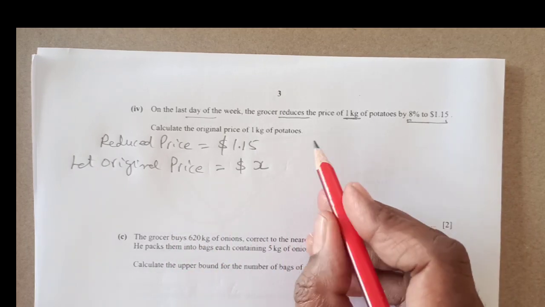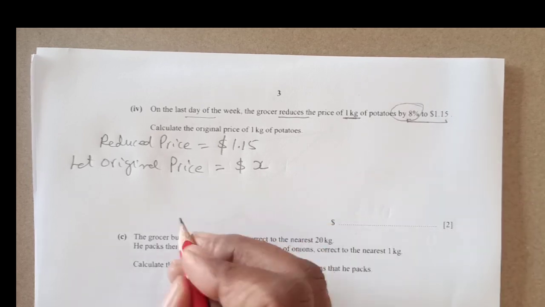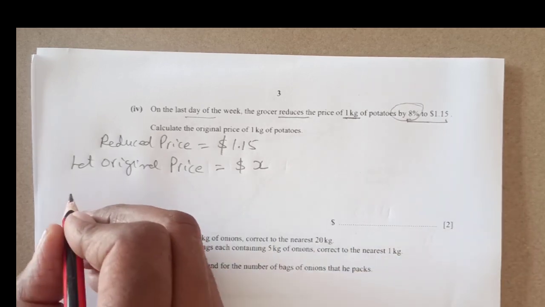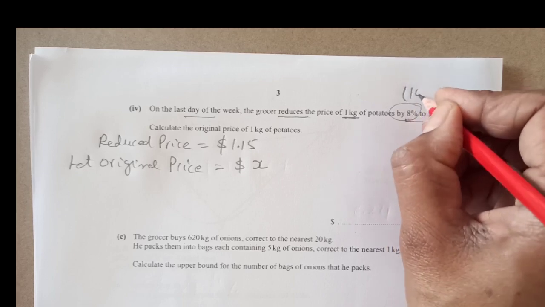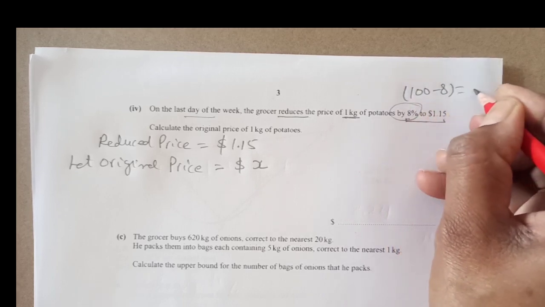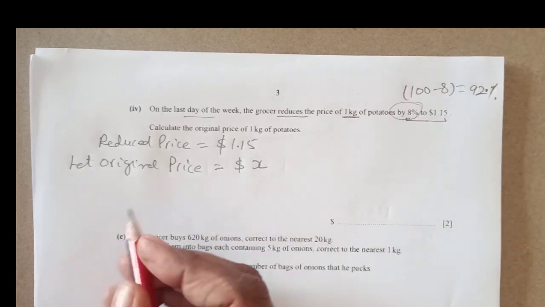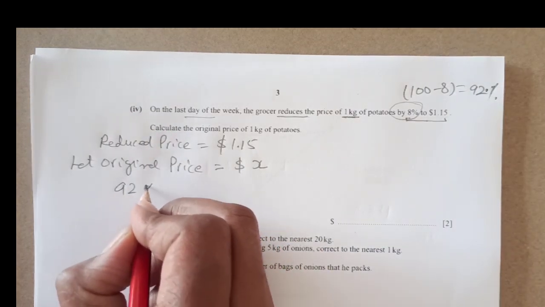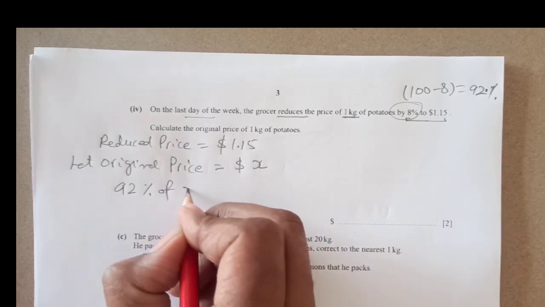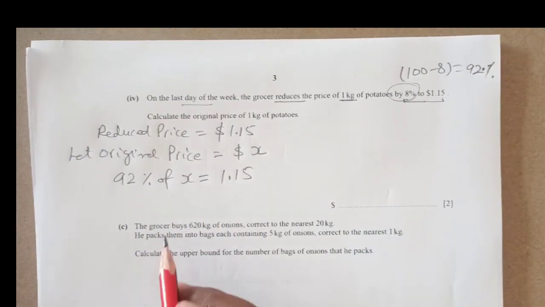So it is reduced by 8%. We can say 100 minus 8, so it is 92% of the original price, the reduced price, right? So now we write that 92% of the original price will become 1.15 after reducing.